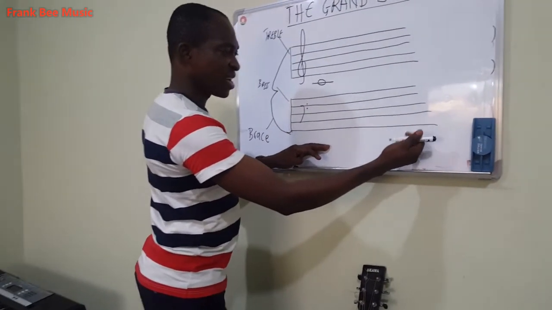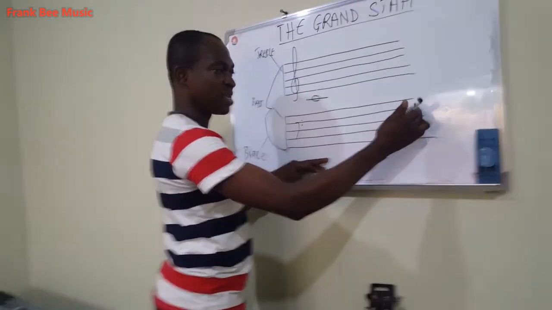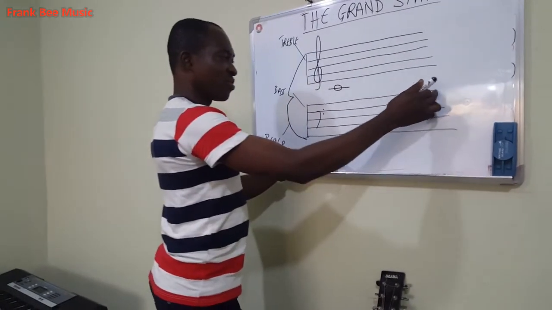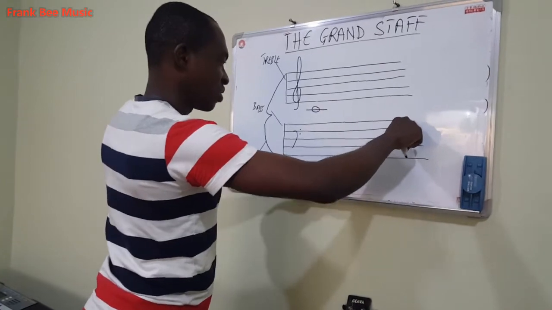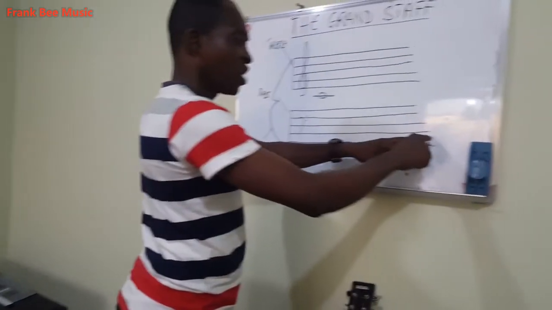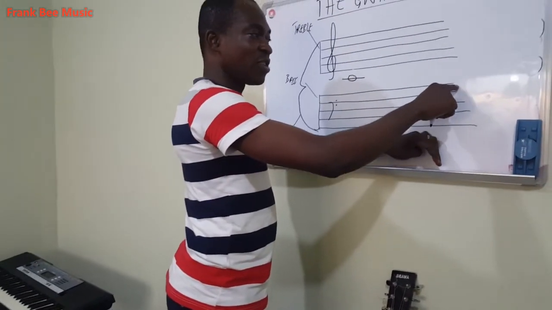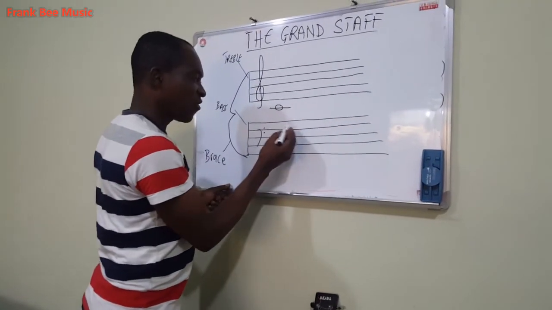We have this line E, G, B, D, F. We have F, and then we have G, we have B, we have D, we have F, and then we have A. So we have B here.